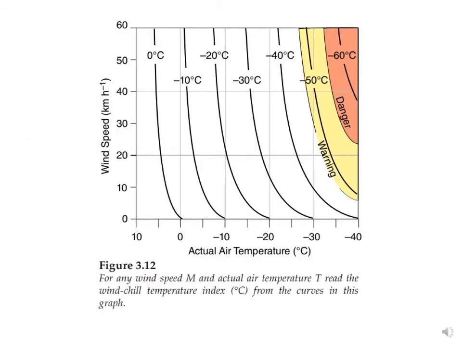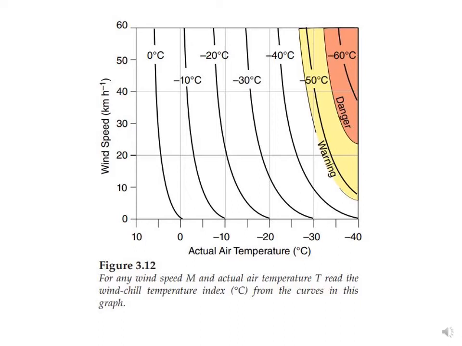In this slide, we have a graphical depiction of the wind chill temperature as a function of the wind speed and the actual air temperature. You can see that the wind chill temperature is always equal to or less than the actual air temperature. You'll also notice that the biggest change in the wind chill temperature occurs when the wind speed varies between 0 and 10 kilometers per hour.